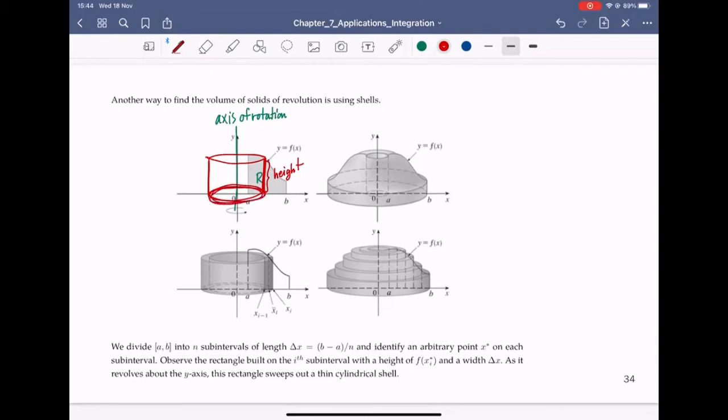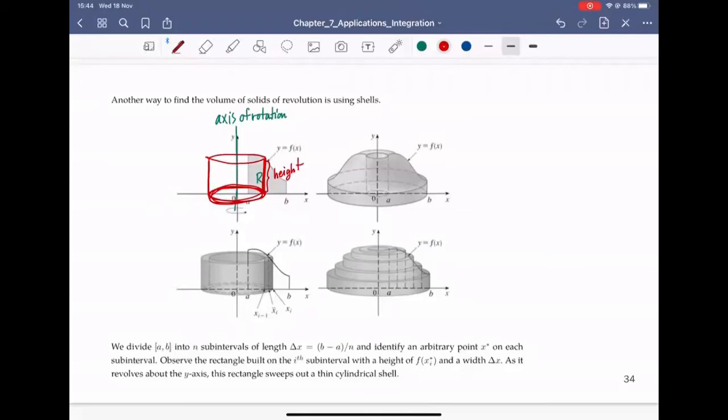I have a better picture on the next slide, but let me talk about the idea first. Once you compute the volume for each piece, you group all n pieces, and then you take the limit, and that will be integration.